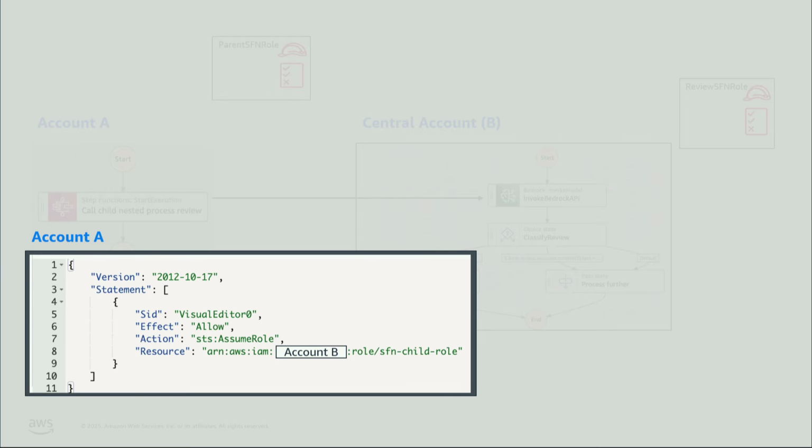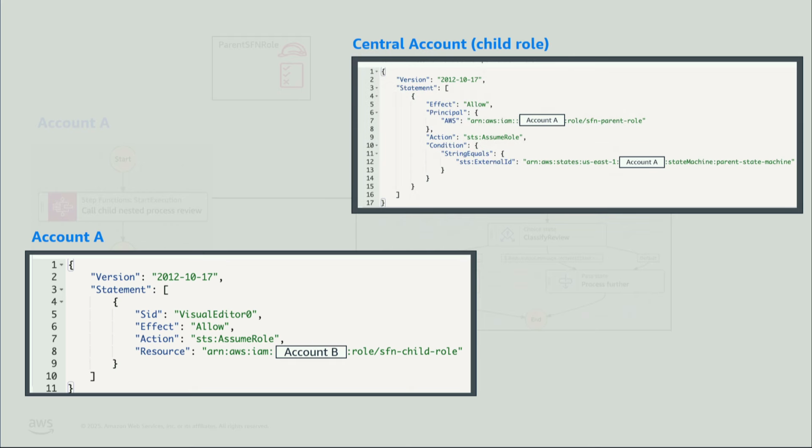Your parent would need the permissions to assume role on your child, the role on your second account, which is the child account role, and then on the child account, you need to have a principal which will make sure that it's actually able to assume the role with the principal of your parent account.